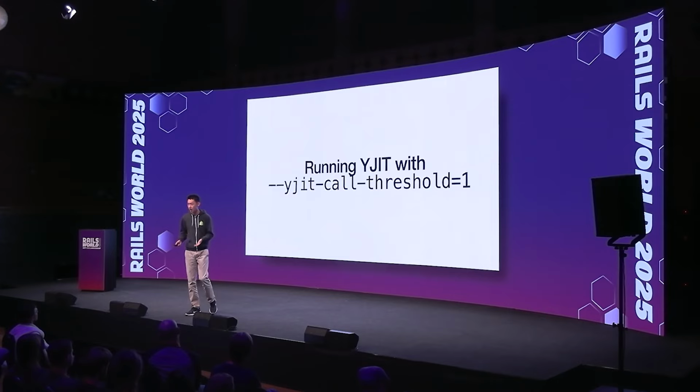And because compiling code has performance and memory impacts, YJIT limits it to code that is executed the most frequently. However, this may mean that not much of the code in tests are using YJIT because code in tests aren't executed repeatedly. So by setting the YJIT call threshold to 1, YJIT will compile the code the first time it executes it.